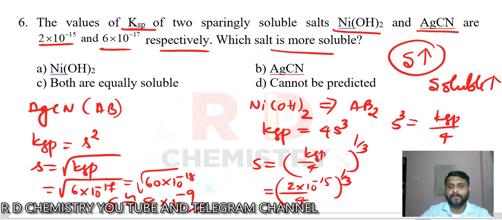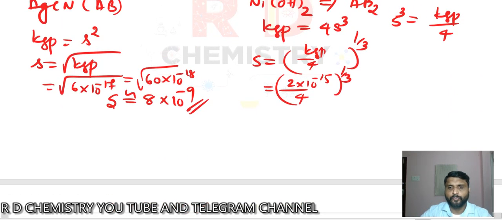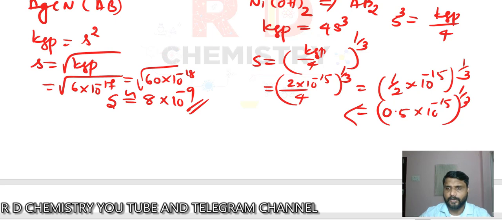So let me go for further calculation. Let me scroll down. So this is 1 by 2 into 10 to the power minus 15, to the power 1 by 3. Correct? So this is equal to 0.5 into 10 to the power minus 15, to the power 1 by 3.